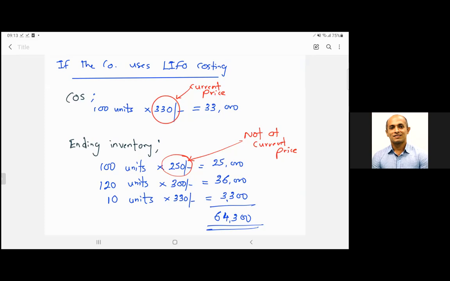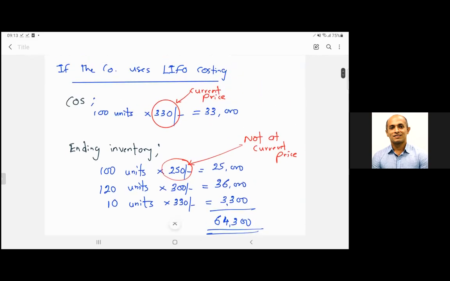Now you see, your inventory includes 100 units valued at last year's price. That's why your inventory value is not at current cost.